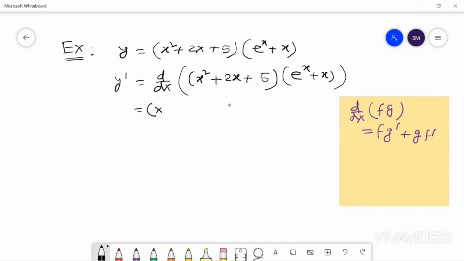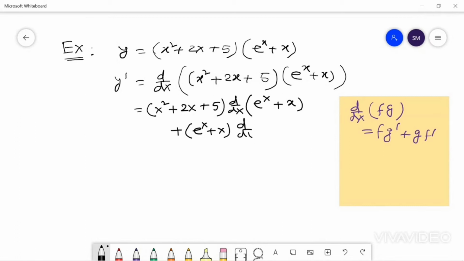So we get x² + 2x + 5 times the derivative of e^x + x, plus e^x + x as it is times the derivative of x² + 2x + 5.